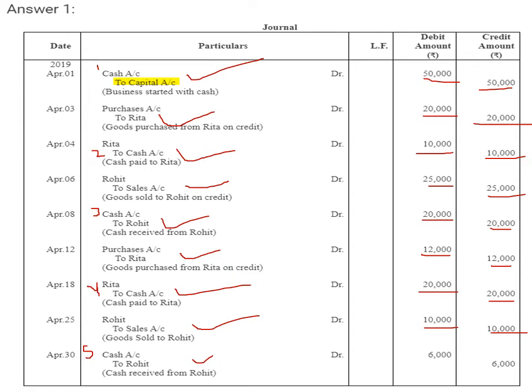Then in Rita's account, we will write these four entries. These are the transactions to be recorded in Rita's ledger. Then after that, we will be recording in the purchases account this entry, this, this, these purchases to be recorded in the purchases ledger.